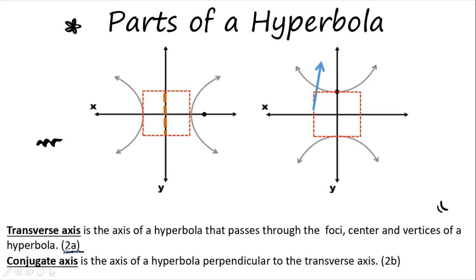It's just like the major axis; the counterpart of the transverse axis in the other conic sections is the major axis. Again, the transverse axis is 2a. And the conjugate axis is the axis that is perpendicular to the transverse axis. The conjugate axis is denoted as 2b.